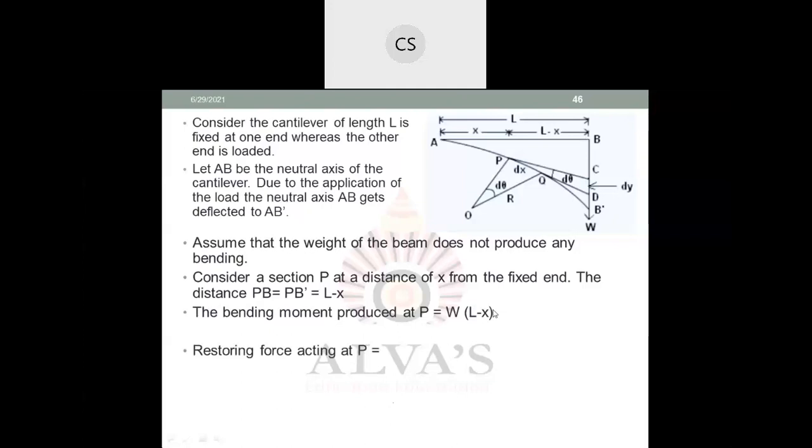Then, if it undergoes bending, there will be a restoring force acting on it. That is given by Young's modulus into, this we have already seen in the bending of beams, Young's modulus into geometrical moment Ig, divided by the radius of curvature.